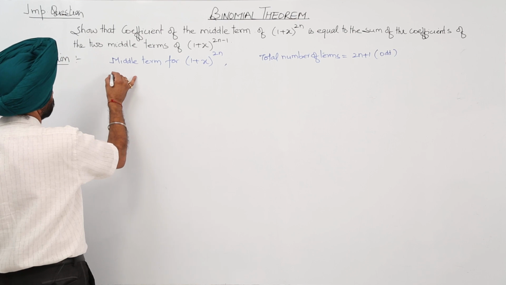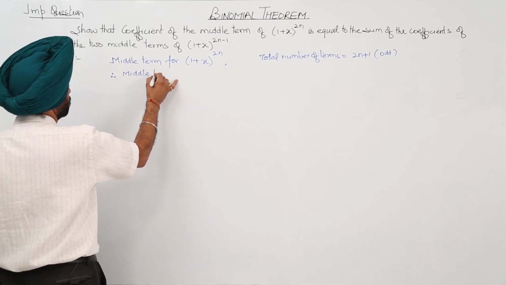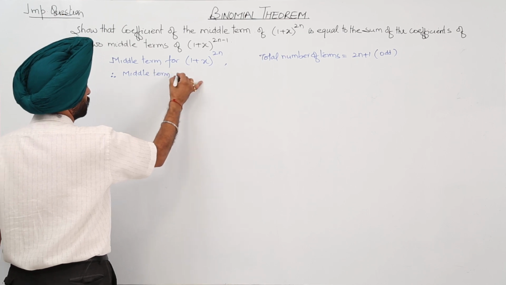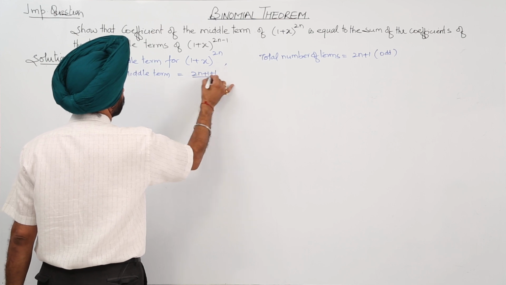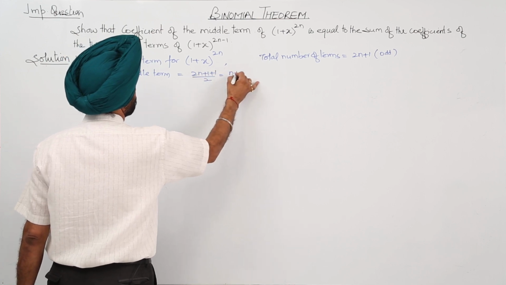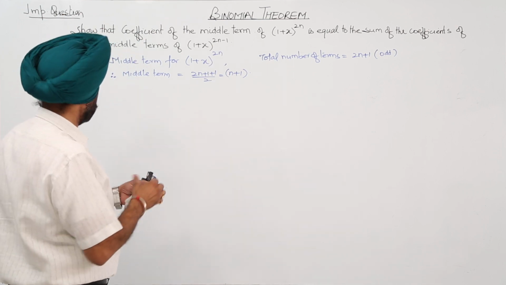Therefore the middle term is (2n + 1)/2, which is n + 1. Is it clear?